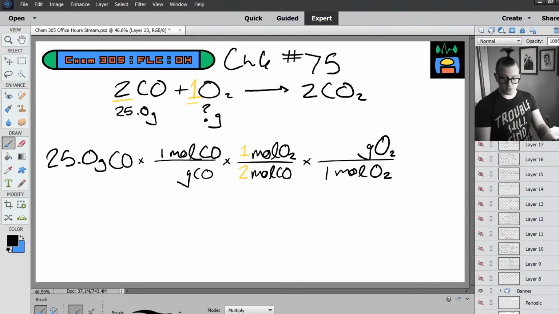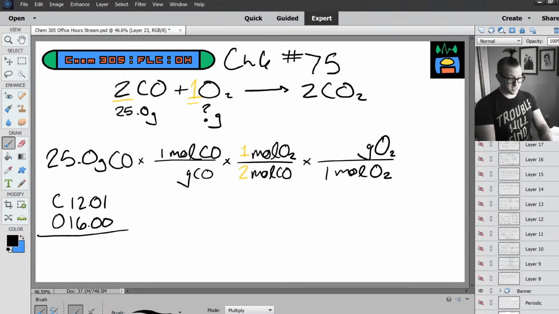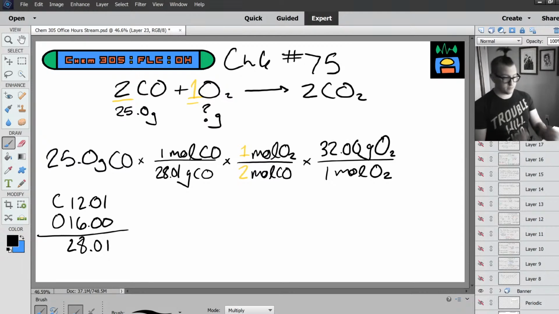All right, so we have a couple molar masses to calculate. Carbon's atomic mass is 12.01, oxygen's is 16. So carbon monoxide will have a molecular weight of 28.01. 16 times 2 is 32. So that is the molar mass of O2.